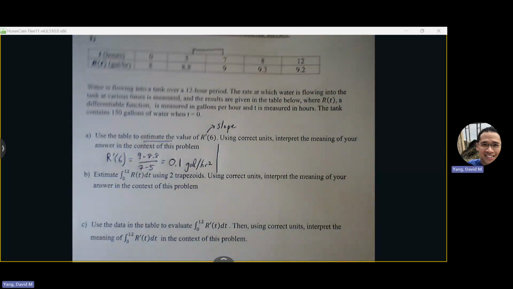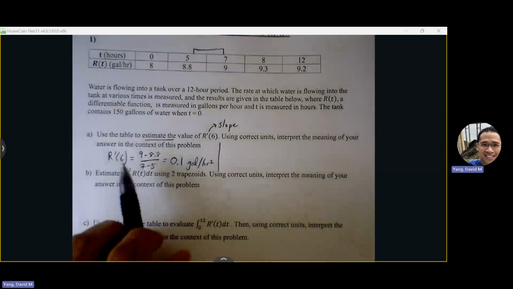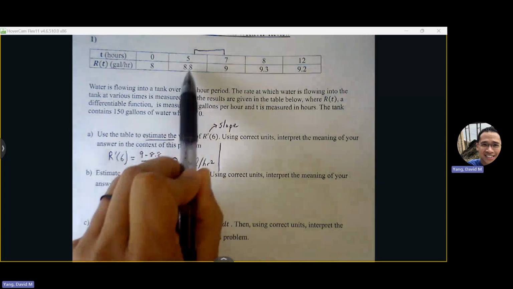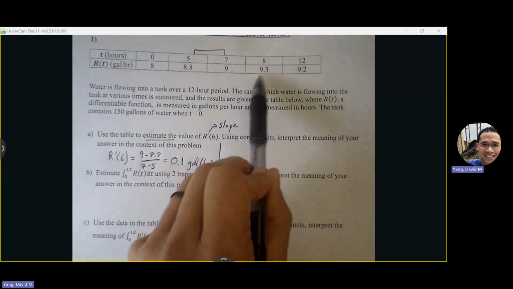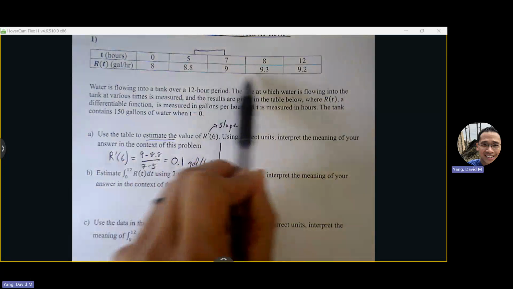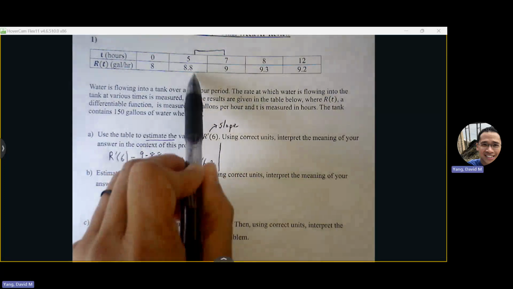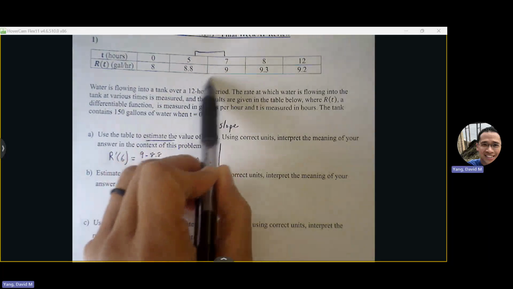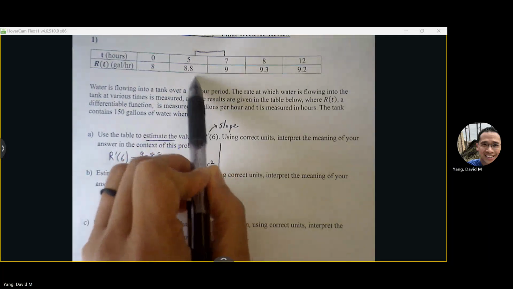So what does that mean? This tells us that if you look at your rate here, 8, 8.8, 9, 9.3, for the most part, my rate is increasing, right? And that's what this R prime is telling us. R prime is telling us that at this point, my rate is increasing.